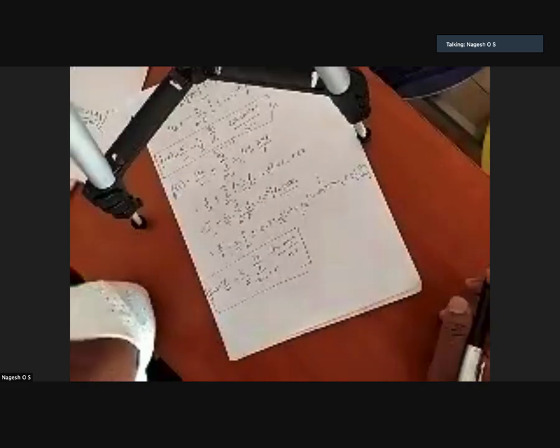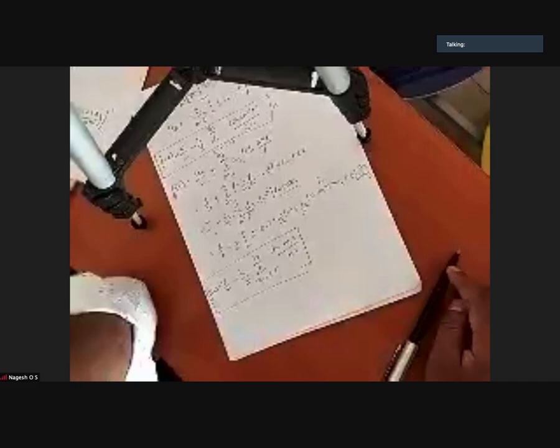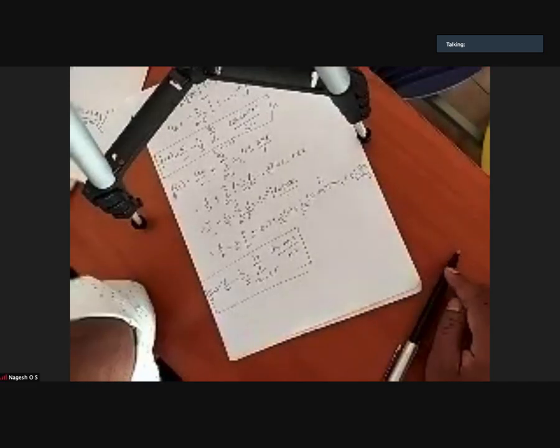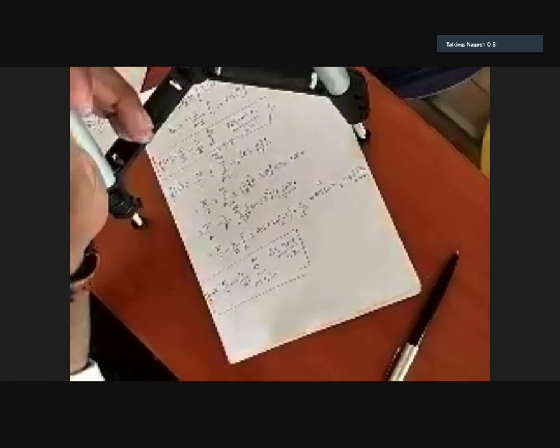Pi by 2 minus 4 by pi. Oh, network is not that much good. change to mobile data.